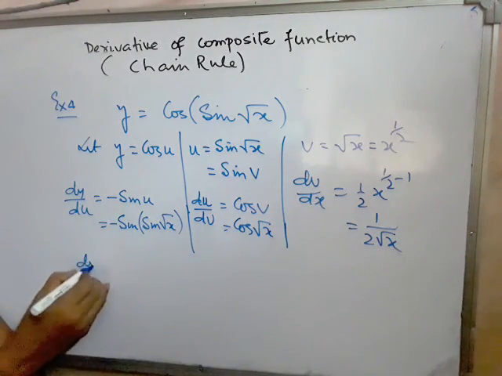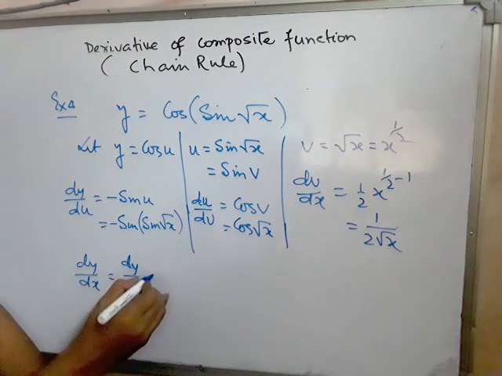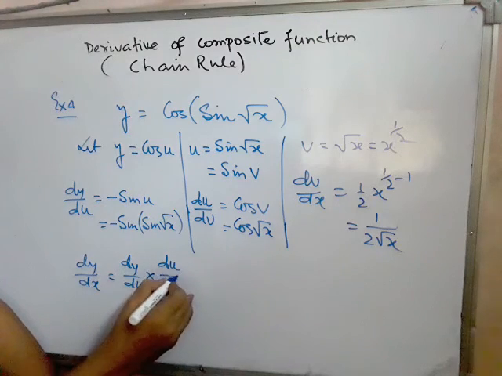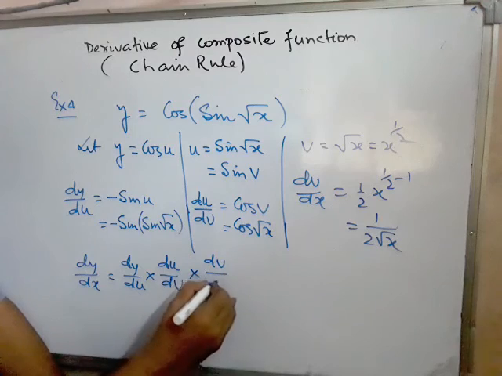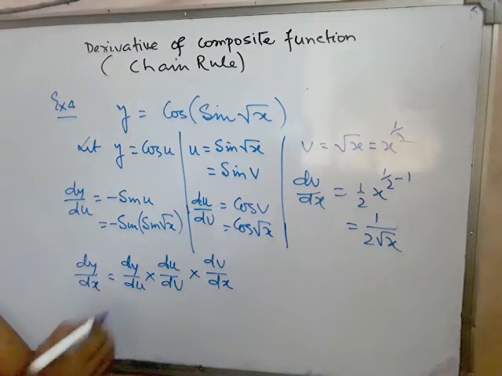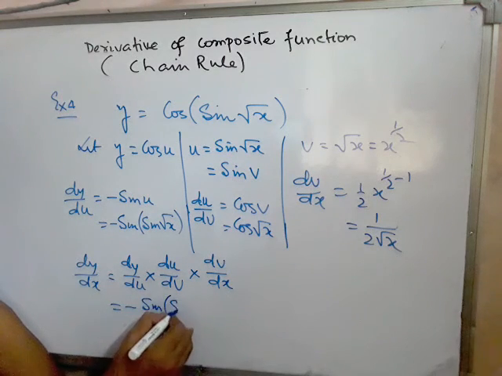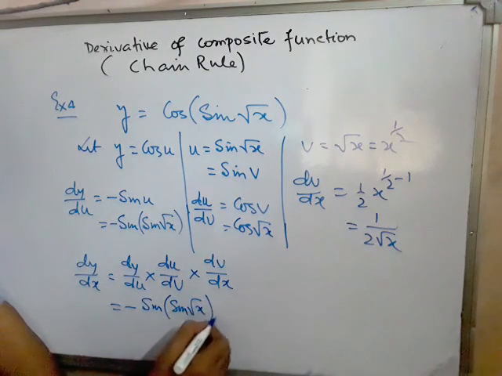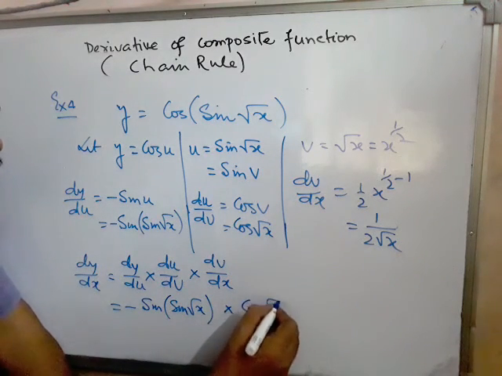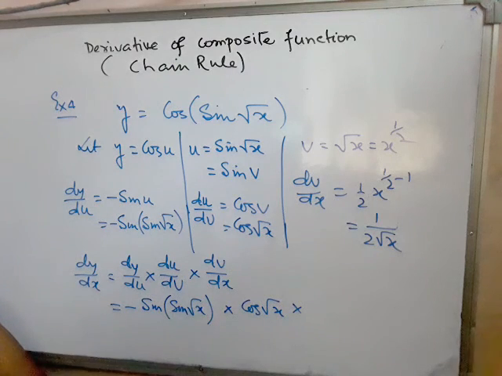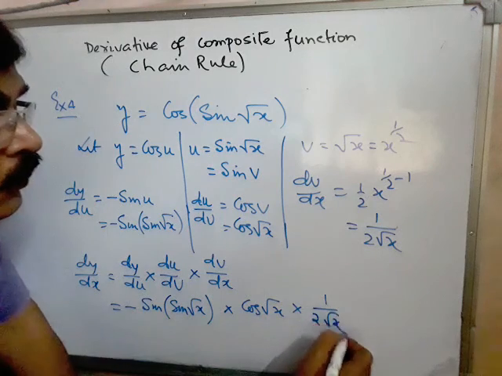Finally dy by dx equals dy by du, du by dv, and dv by dx. dy by du will be minus sine of sine root x, du by dv equals cos root x, and dv by dx equals 1 by 2 root x.